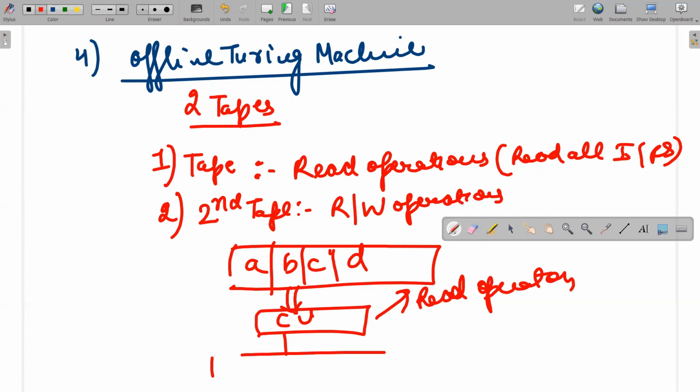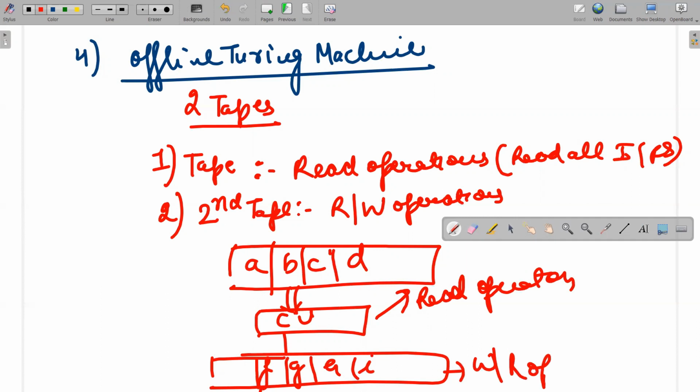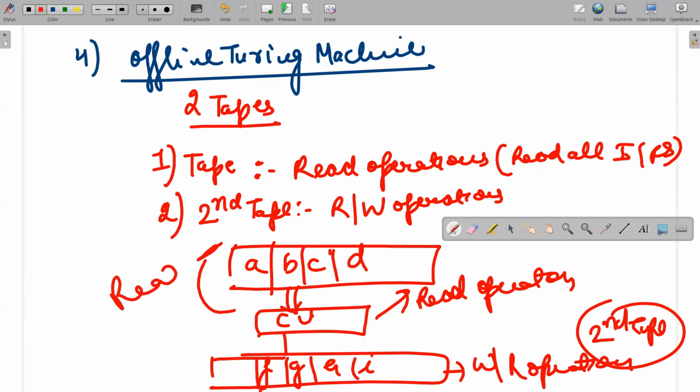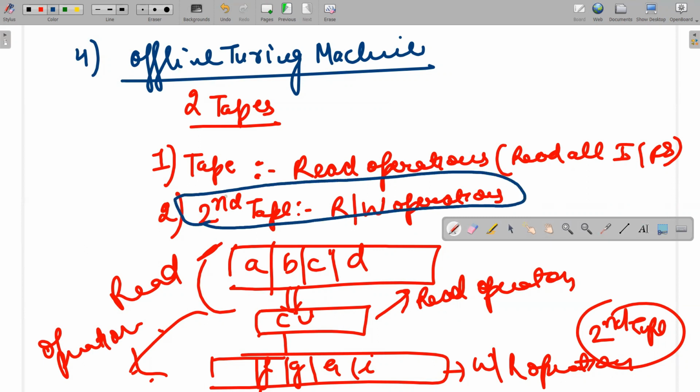And if there is any operation to be performed, whether we have to read or write, we will use FGHI. So this is the write operation, which is done by the second tape. Whatever answers you need are firstly read, and then the operations are done by the second machine, which performs all the write operations. It will also read and perform the write operation accordingly.